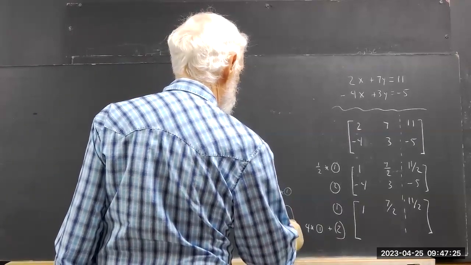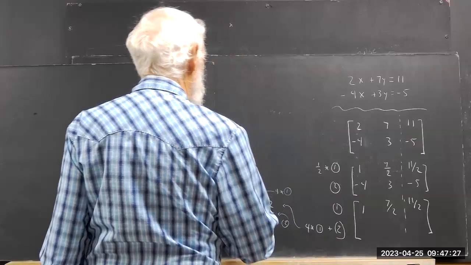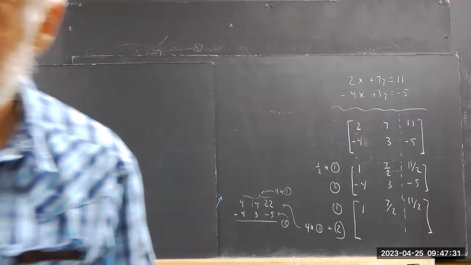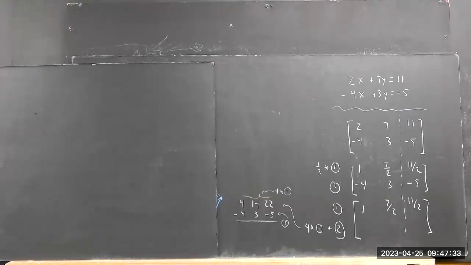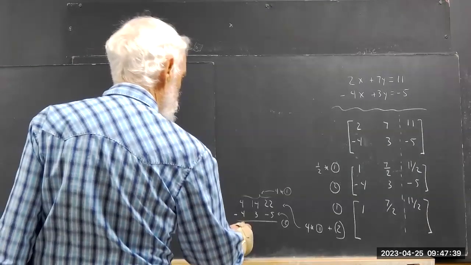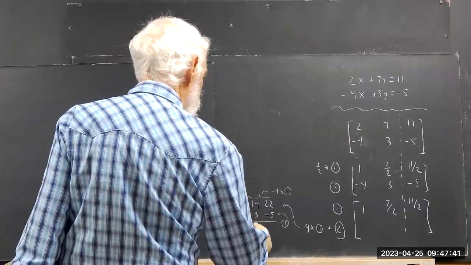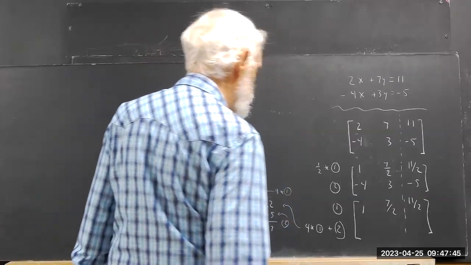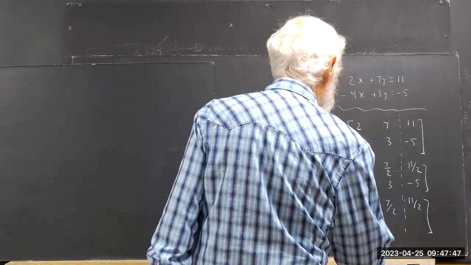Here's the second row. And then we add. So what do you get when you add? Well, you're not gonna have any trouble adding them. You're gonna get 0, 17, 17. And that's what you're gonna write down here.